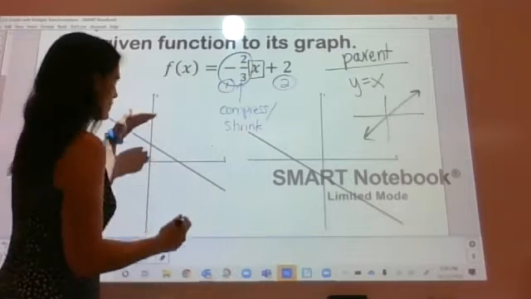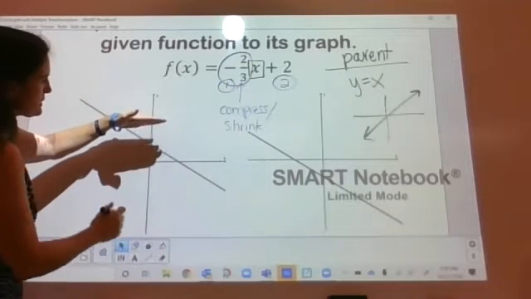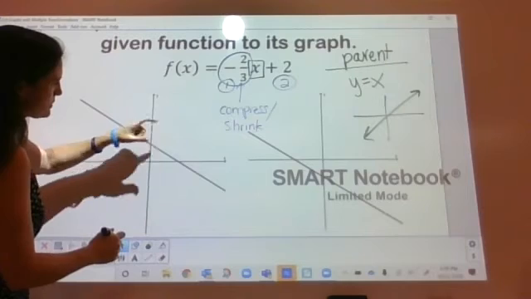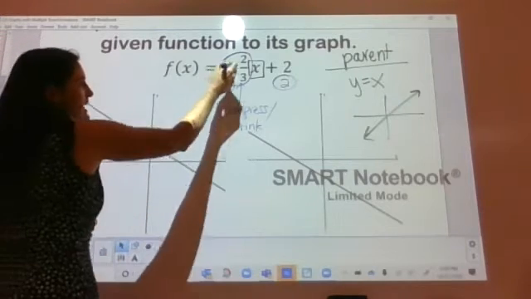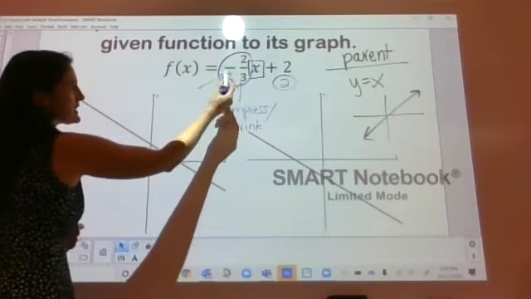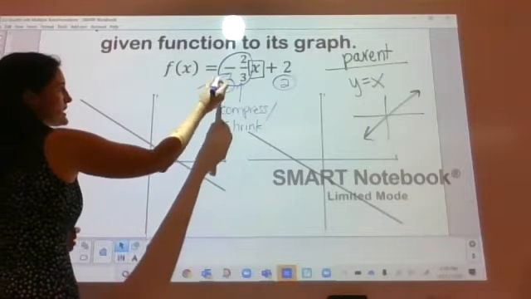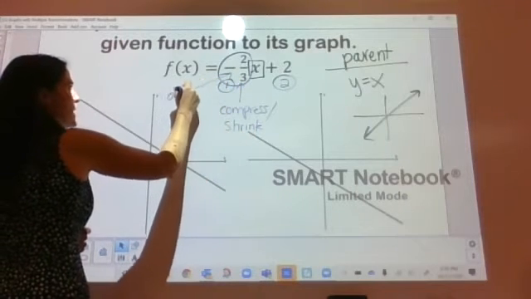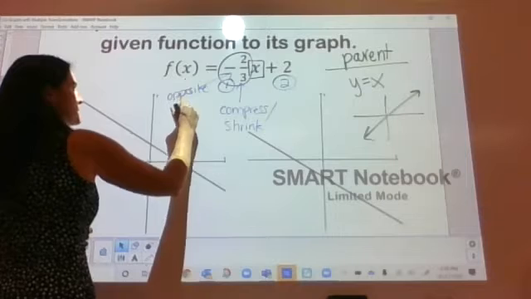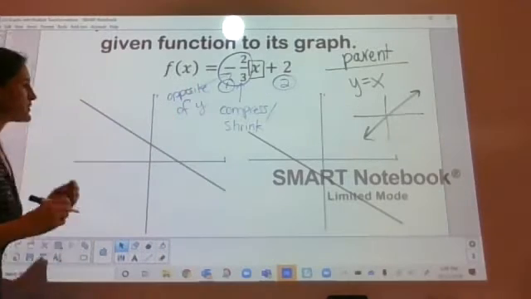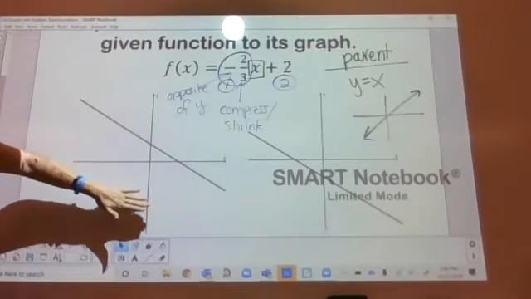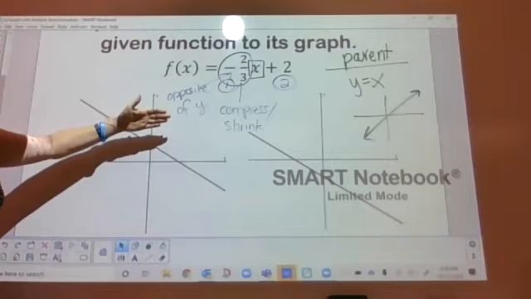2/3 means your y values are multiplied by 2/3, so they go from being here to being lower, right? They shrink. The negative right here, when you have a negative out in front of the entire function, that means you're taking the opposite of y. So if your y is positive, it's going to become negative. If it's negative, it's going to become positive.